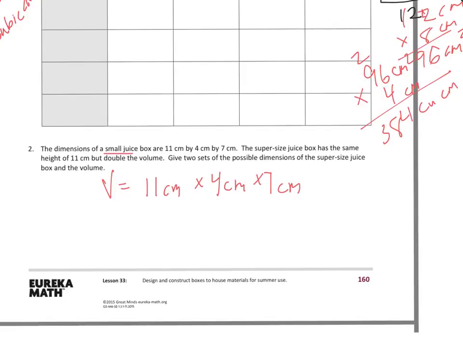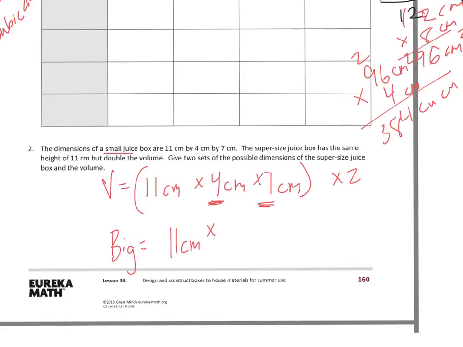So if I multiply these out, whatever I get, I multiply by 2. I can't just say the new dimensions of the big juice box have 11 as the length, this will be 8 and this will be 14, because now I'm not doubling it. I'm quadrupling it, meaning times 4. And let me show you what I mean.